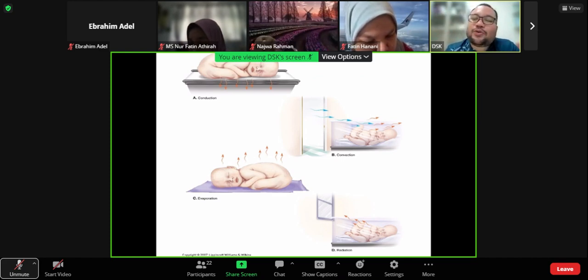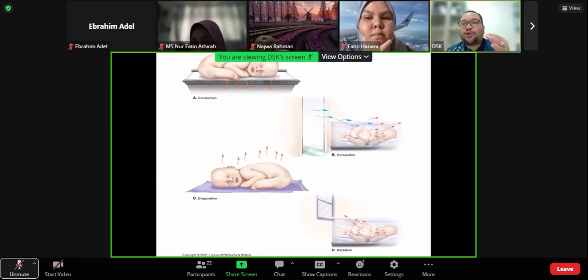For example, an adult who is 80 kilo probably has a BSA of around 1 meter square. A baby who is 3 kilo probably has 0.5, 0.6 meter square BSA. 0.6 divided by 3 as compared to 1 divided by 80. So obviously, a small baby has higher BSA per kilo ratio.